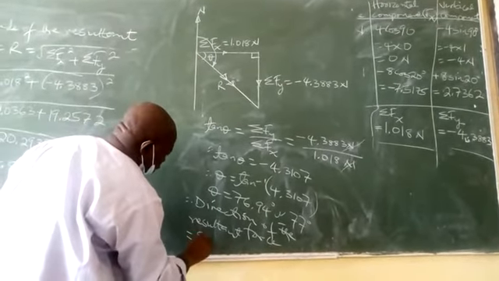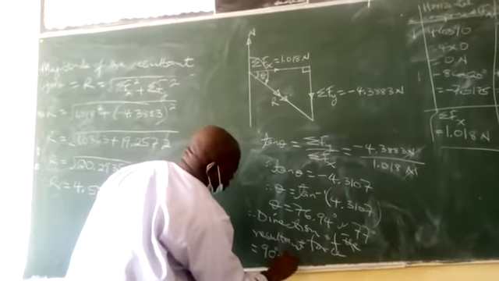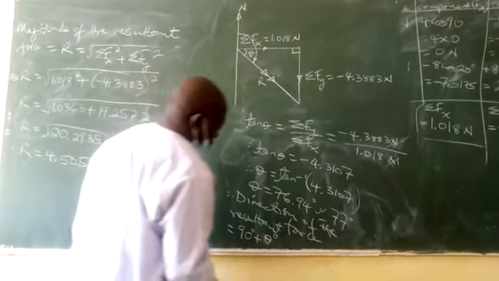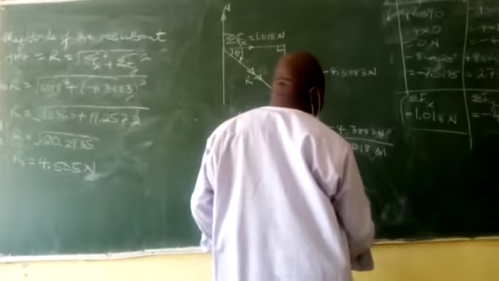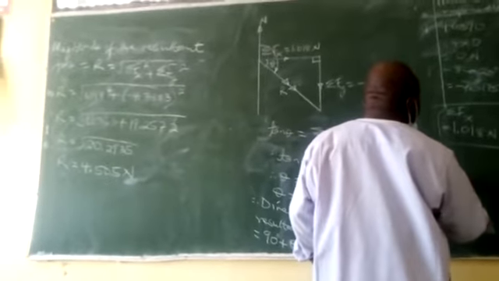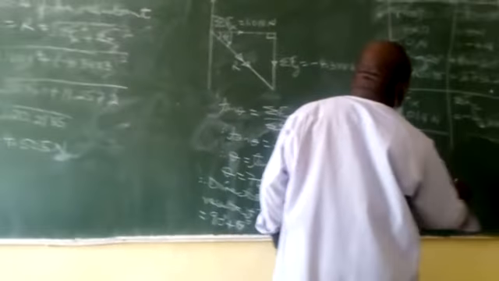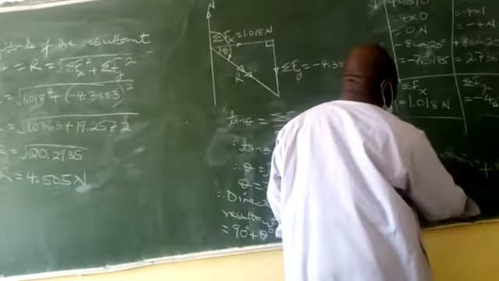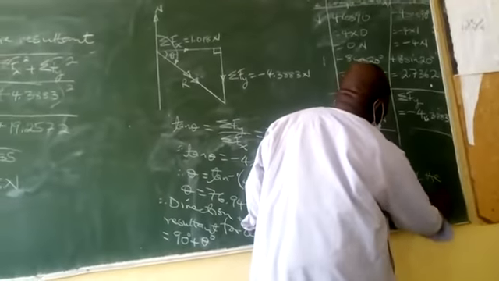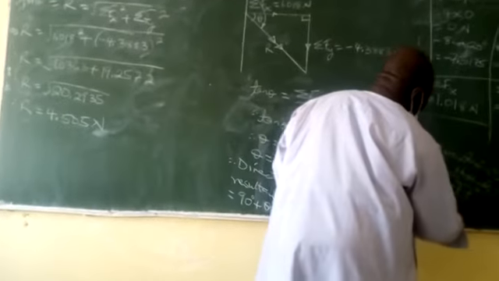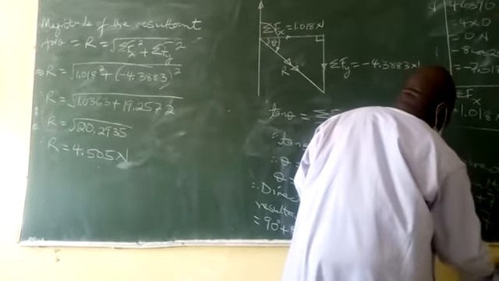The direction of the resultant force is equal to 90 degrees plus 77 degrees, which is equal to 167 degrees.